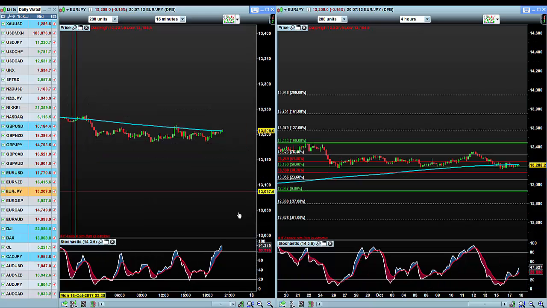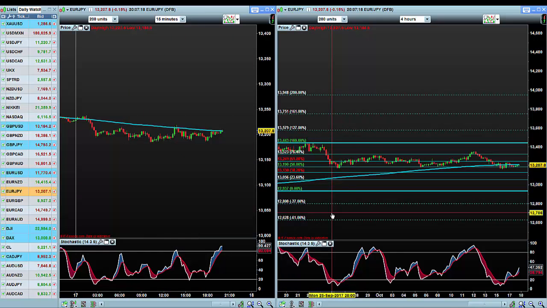This is the Euro Yen on a 4-hour chart. Now we do seem to be finding a base. I would very much like a push down to this 130. So any push and hold down to 130, which would be a 127 extension on the 6-minute chart, I would like. I don't think we're going to see it.